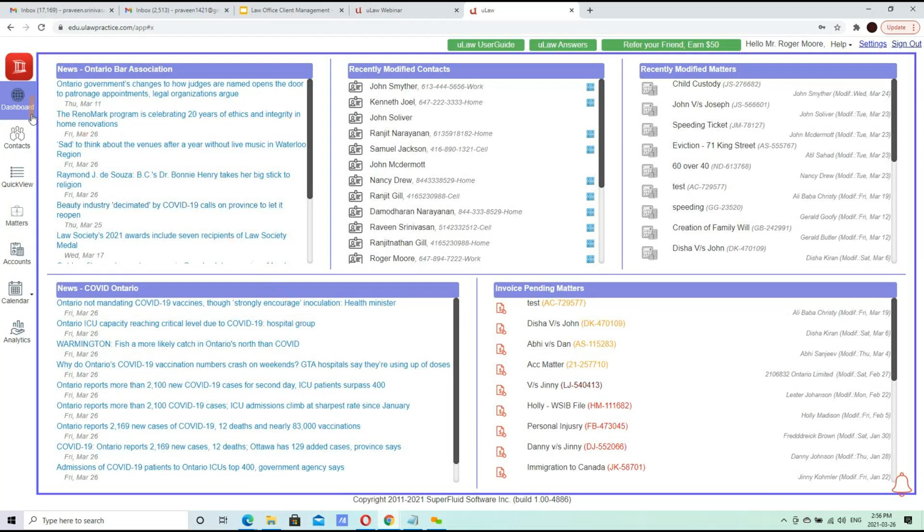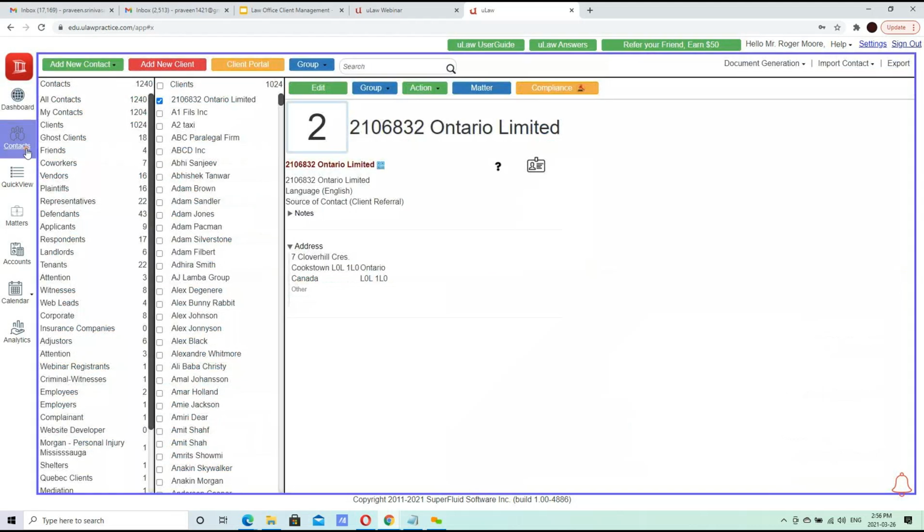I'm just going to walk you through real quick, using uLaw as an example, what I've been talking about in terms of client intake, the whole 9 yards of compliance to closure. So let's assume we have a new client.